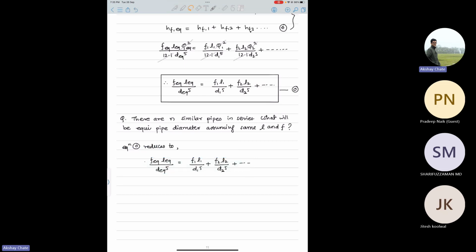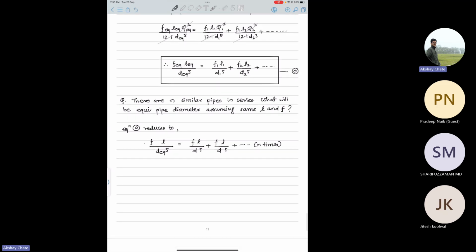So this will repeat n times because there are n pipes in series, and they all have the same f and L. The length is also the same, it is given in the question. f is also the same, so you will have an equation like this.